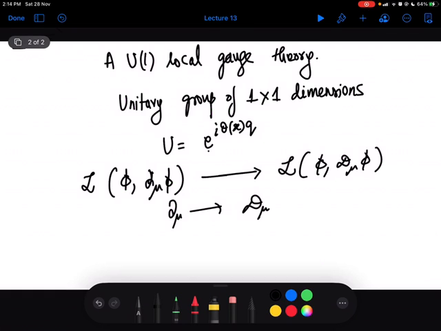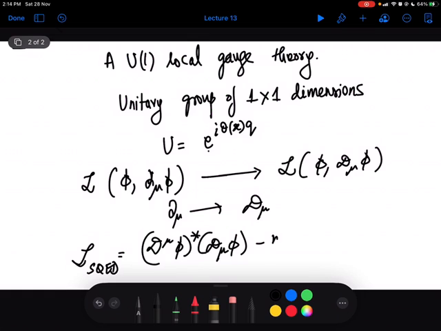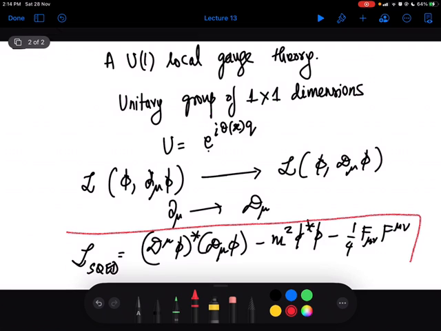So the Lagrangian of scalar QED is equal to D mu phi star D mu phi minus m squared phi star phi minus 1 by 4 F mu nu F mu nu. Okay, so this is the Lagrangian we wrote down last time.